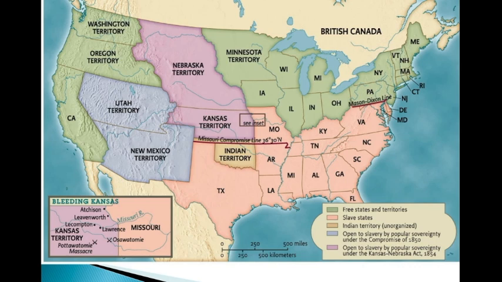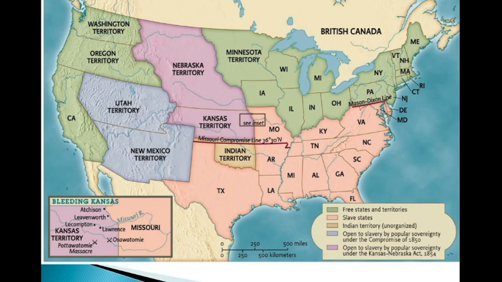Of course, the Southerners wanted it to be slave because that would give them more political power, and the Northerners did not want it to be slave because it would give them less political power. So what ends up happening here is there's a lot of chaos over this issue of this territory being free or slave.